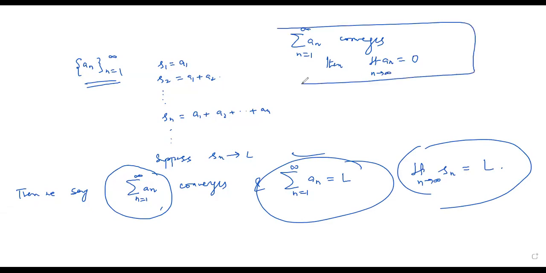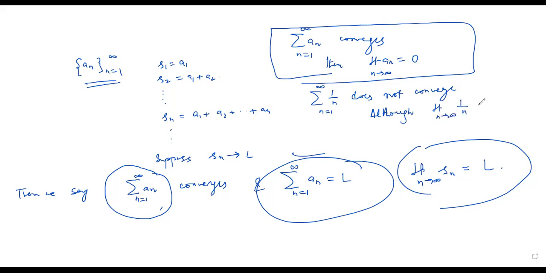But converse is not true, जो कि हमने देखा कि converse is not true because if I take this series, summation 1 by n runs from 1 to infinity, this diverges, this does not converge. Although, as you can see, limit n approaches infinity, 1 by n is indeed 0. So this is true, but its converse is not true. Example is this one.